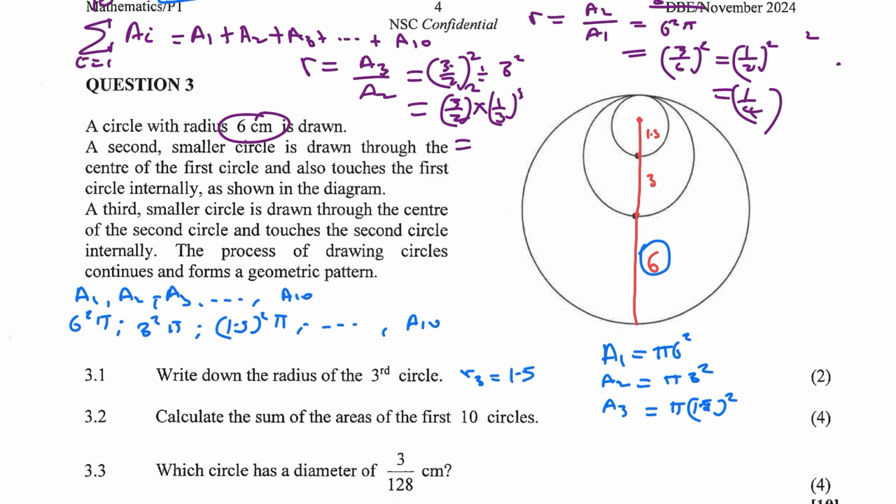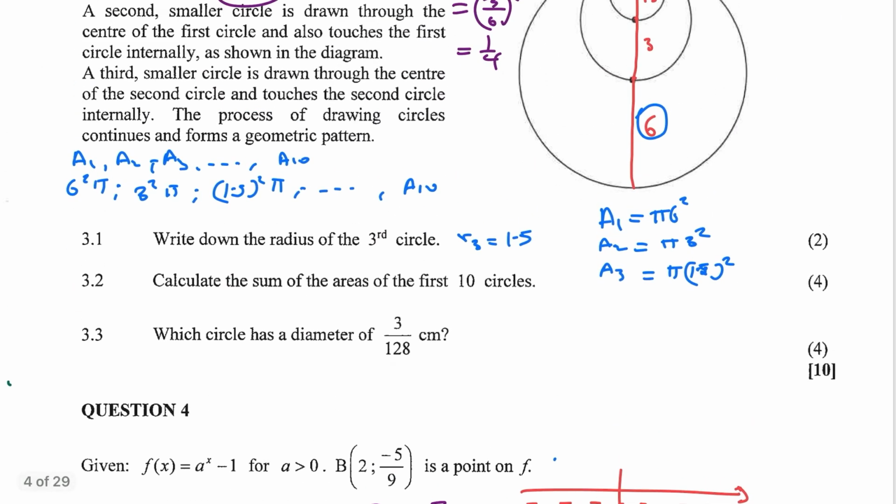This is again 3 over 2 times 3, which is 6 squared, which is the same as this. So your answer is 1 over 4. So it is geometric, because these two are equal, and our r is equal to 1 over 4.